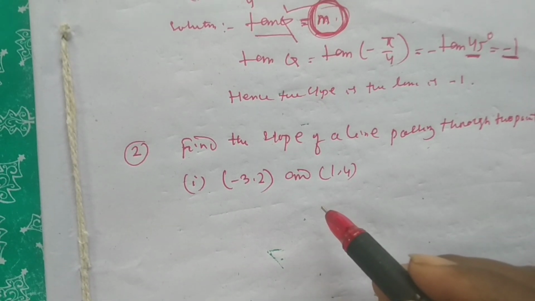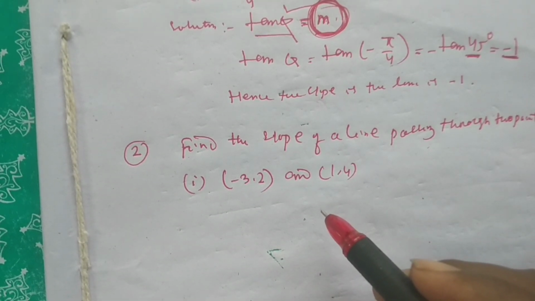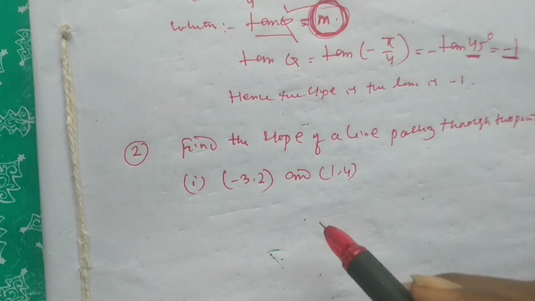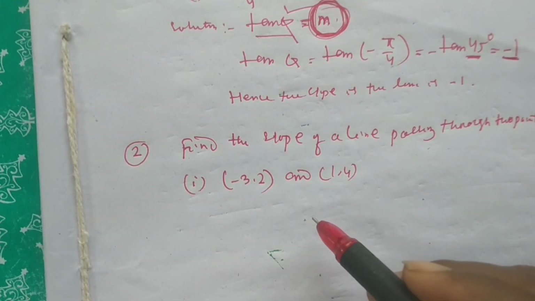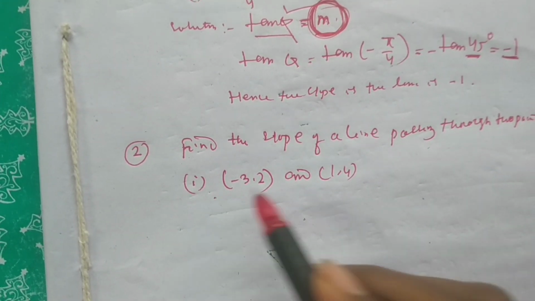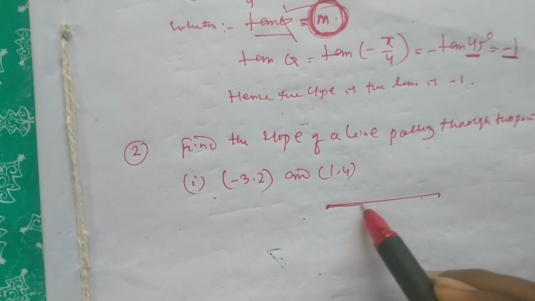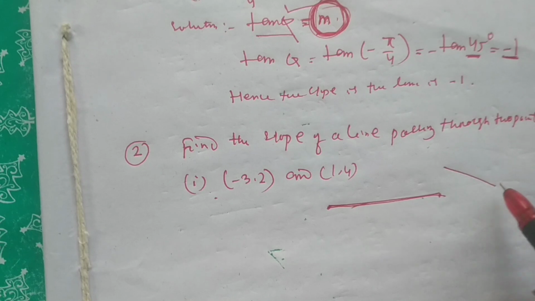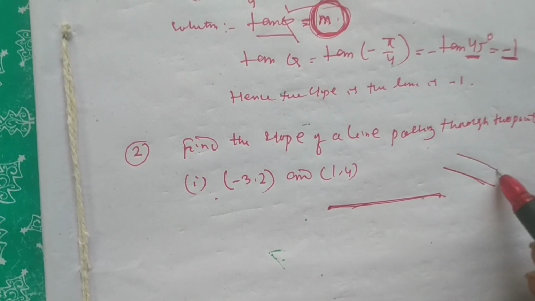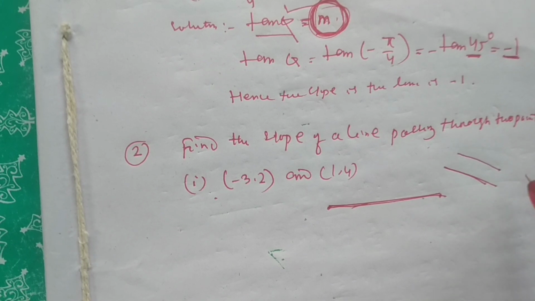See how you will do that. Two points are given. We will take this slope, either this type of slope or this type of slope.